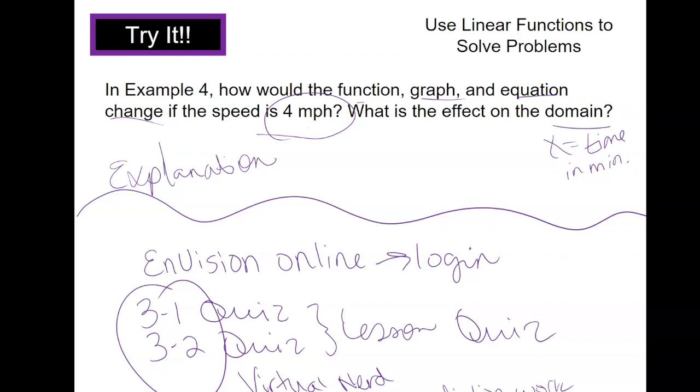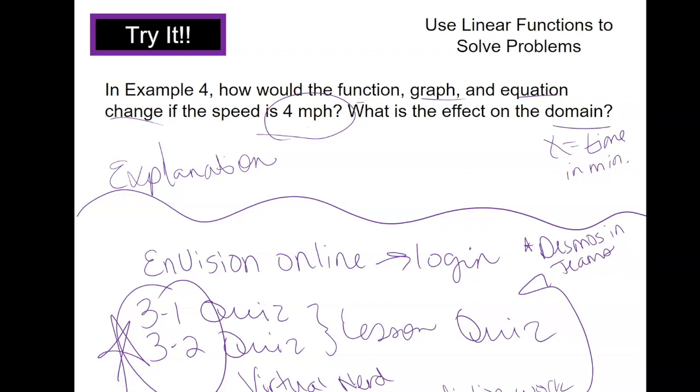When all of that is done and you've got a good grasp on these two lessons, then I have a Desmos lesson assigned to you in Teams. It's in the assignments, and in the directions you'll see that I only want you doing that once you're feeling good about these two.